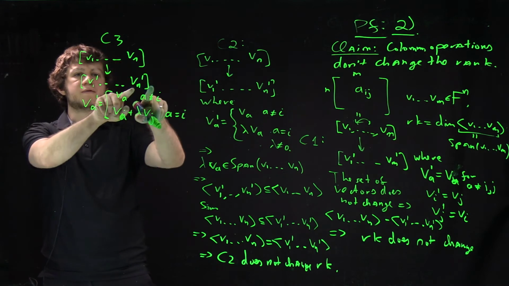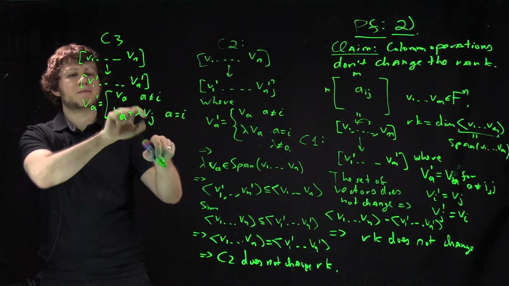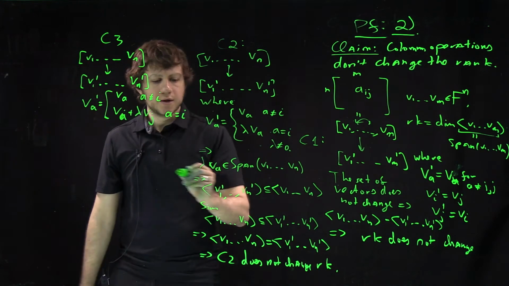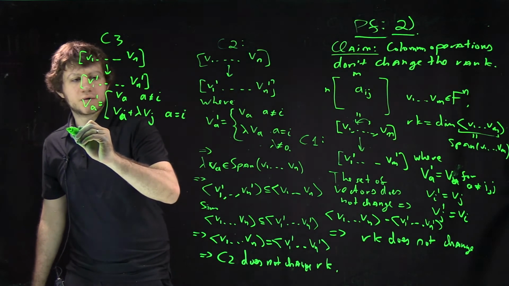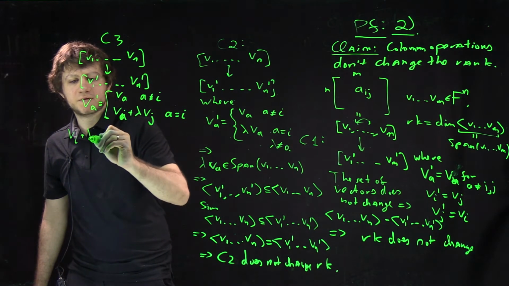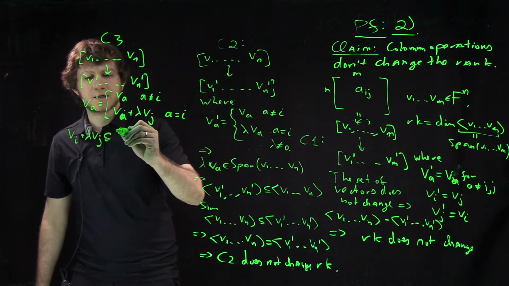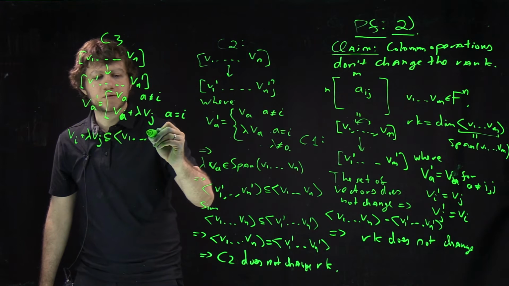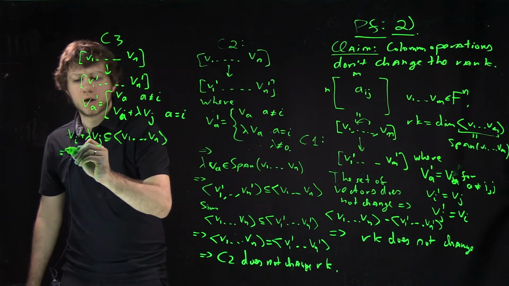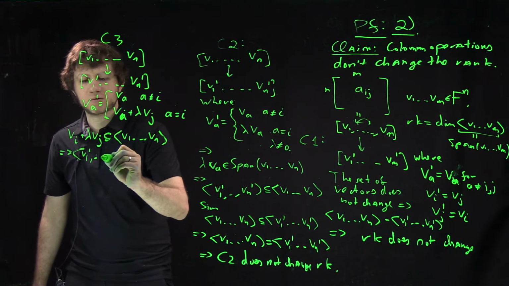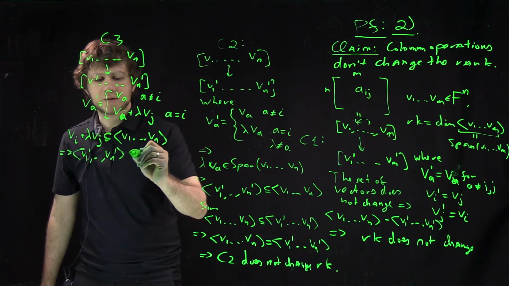So we take one of the vectors and add it to another times lambda. Then the vector vi plus lambda vj, a linear combination of vectors vi and vj, is inside the span of v1 up to vn. So the whole collection v1 prime up to vn prime is inside the span.